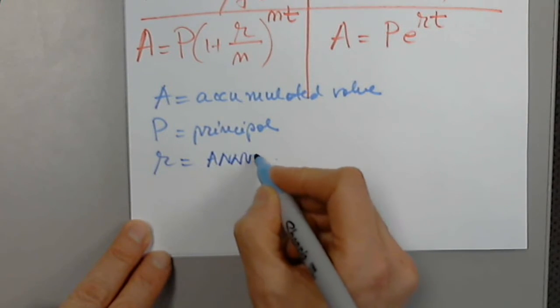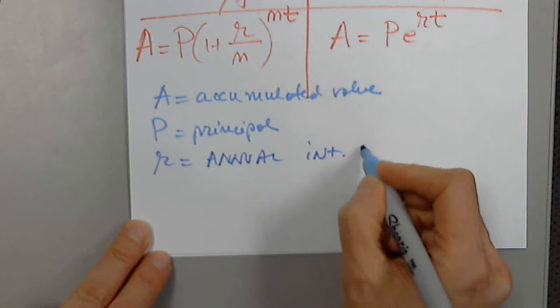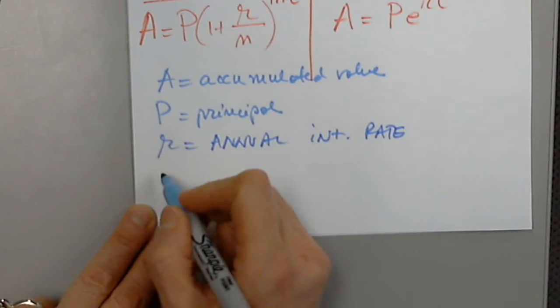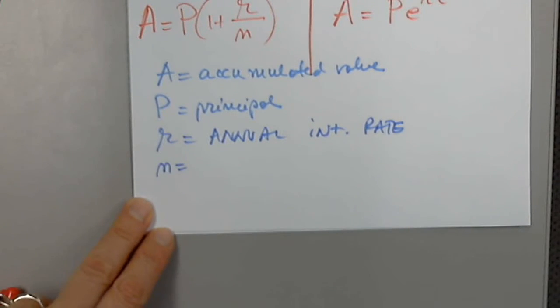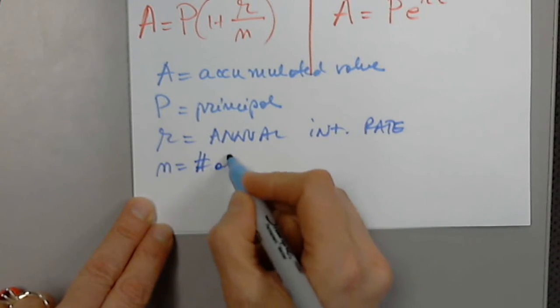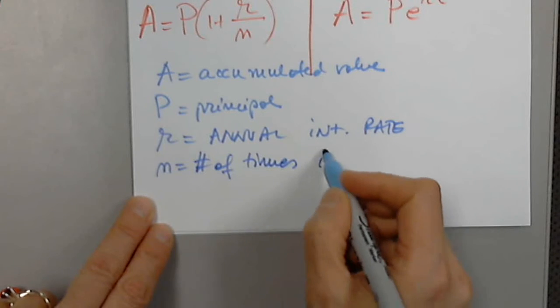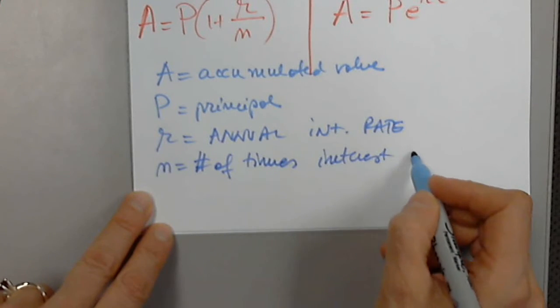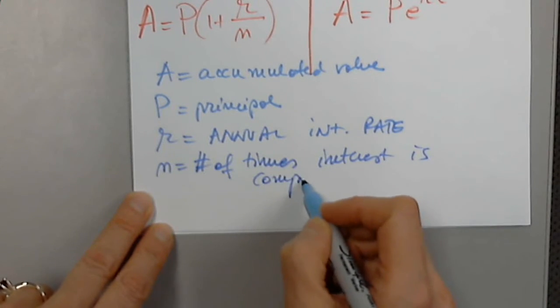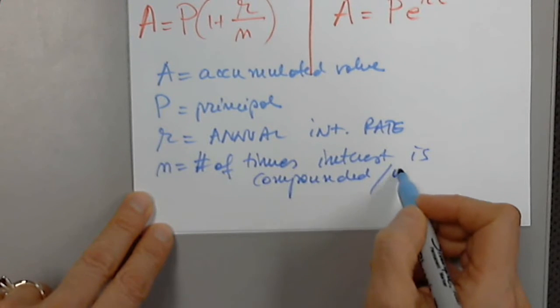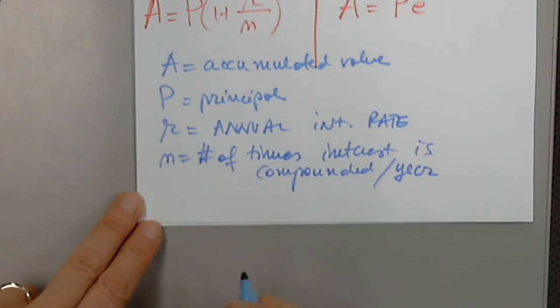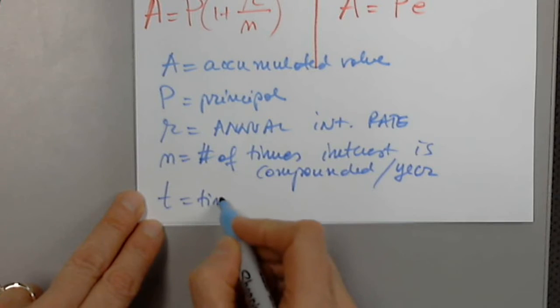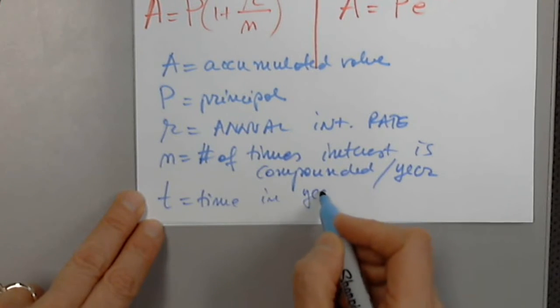Yes, the annual interest rate. n, we already know what that means. Number of times the interest is compounded per year. And t is time in years.